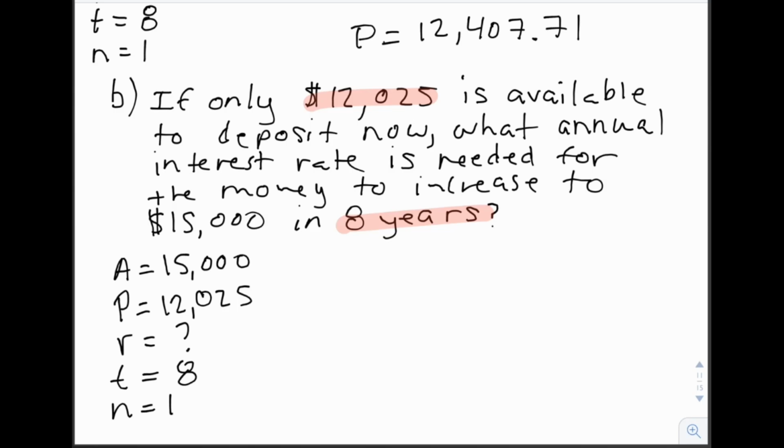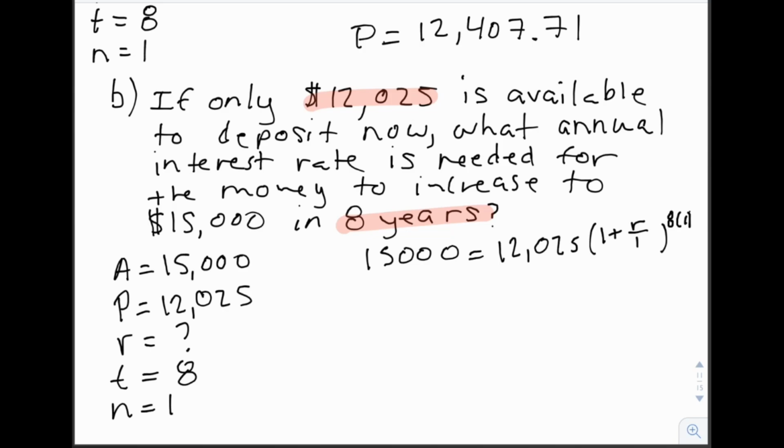So let's go ahead and plug our information in and solve for that R. Again, A is equal to P times 1 plus r divided by n, raised to nt. So we'll have $15,000 equal to our P, which is 12,025, multiplied by 1 plus r divided by, and our n was 1, raised to the 8 times 1, or nt.